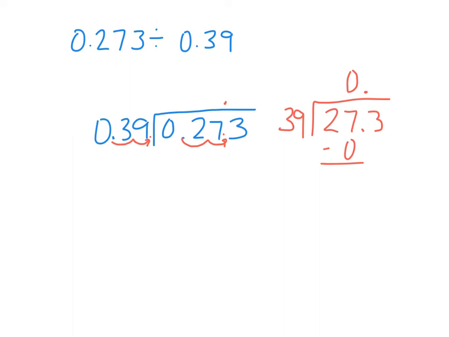You could do your multiplying if you want, or your subtraction if you want. Then you bring down your 3. 39 goes into 273, 7 full times. And it ends up equaling 273, you get a 0. And like I said, keeping that decimal up there, so your answer to a problem like this is 7/10.